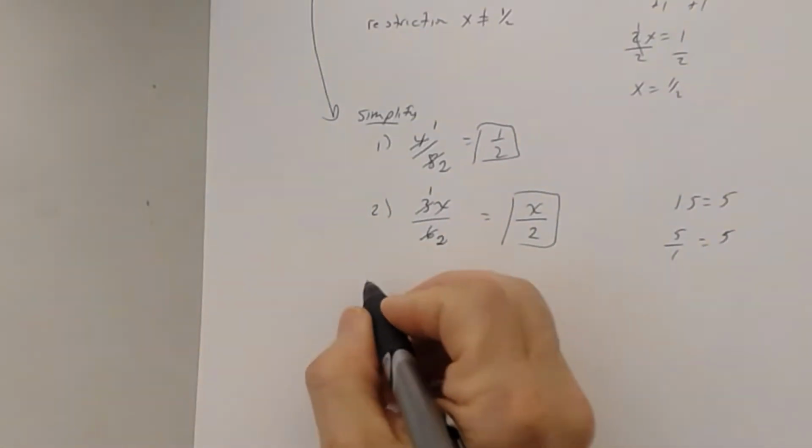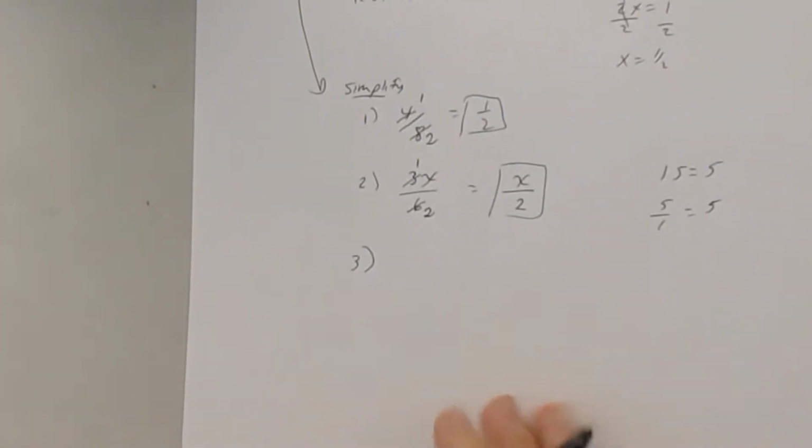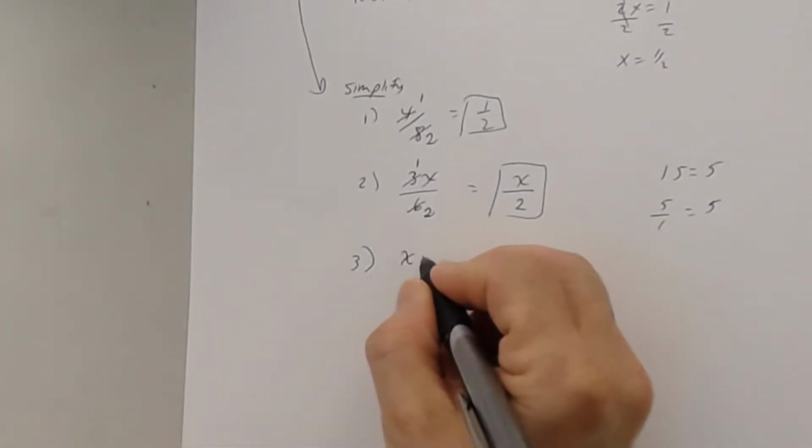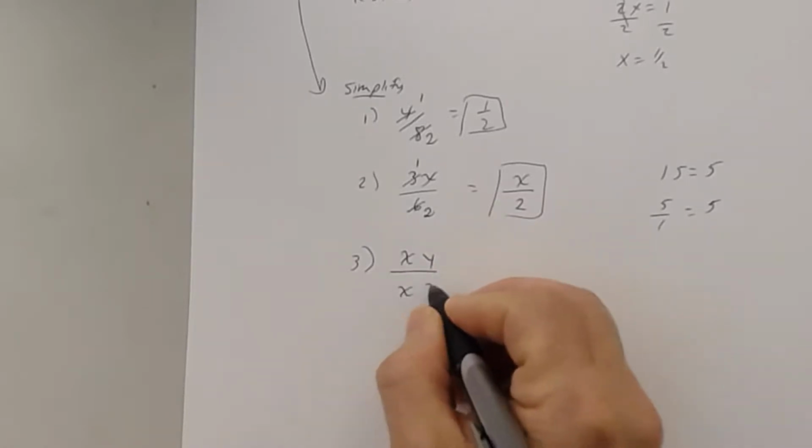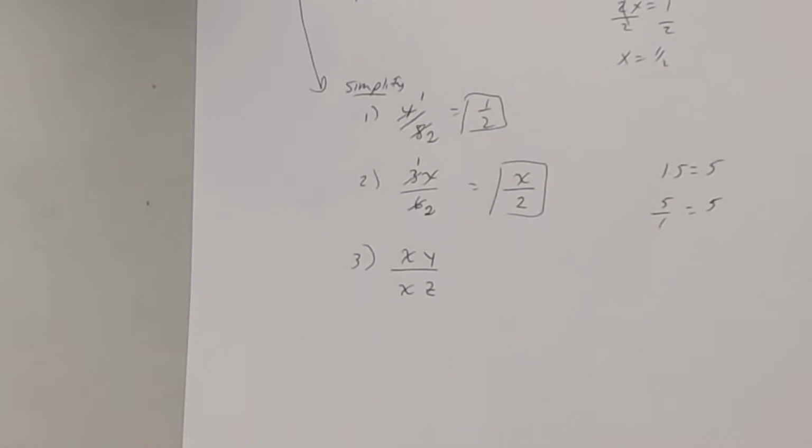All right, number 3. Suppose you had xy divided by xz. That's a z. xy divided by xz. Now, how many factors do you see in the numerator? 2. There are 2 factors.